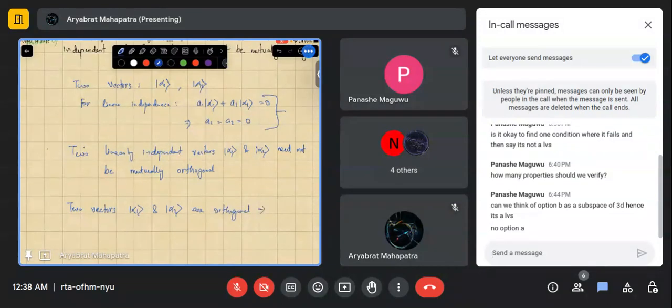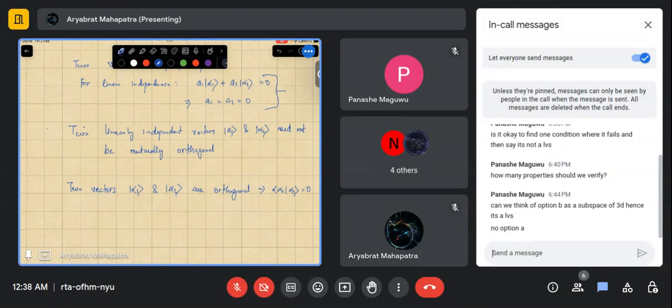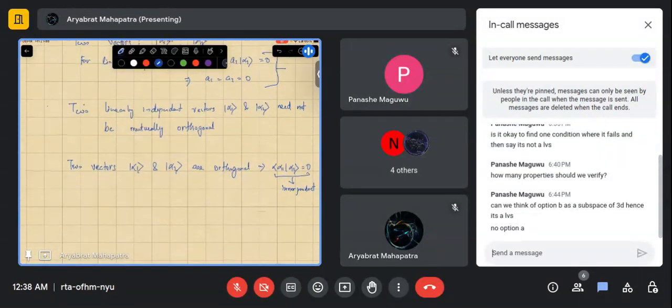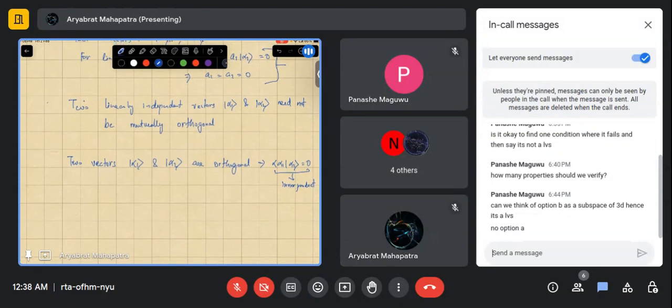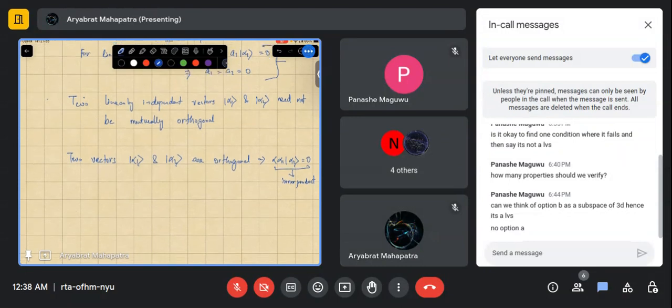This will imply, so this is your inner product, that is the condition for orthogonal vectors: the inner product goes to 0. Let me generalize this more.